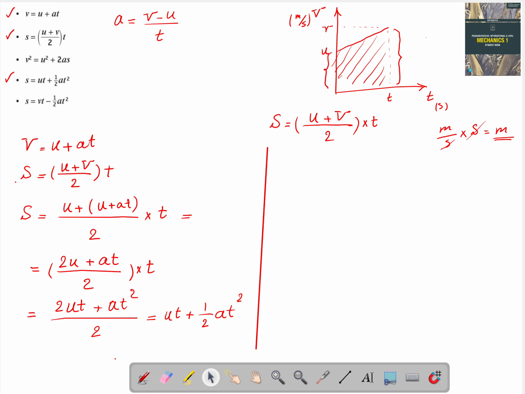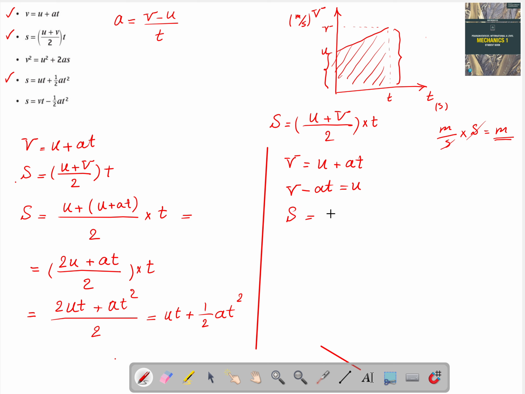You can rearrange this formula, which is v equals u plus at, and you can write it v minus at equals u. So I'm going to write, instead of u in the second formula, I'm going to insert u as v minus at and find the result. Okay.